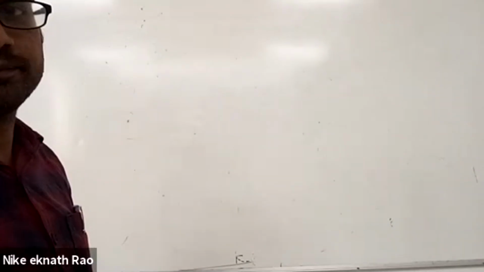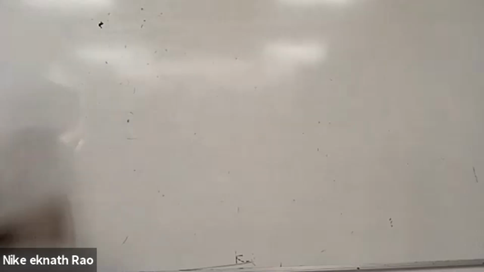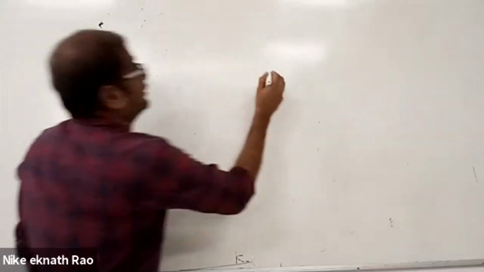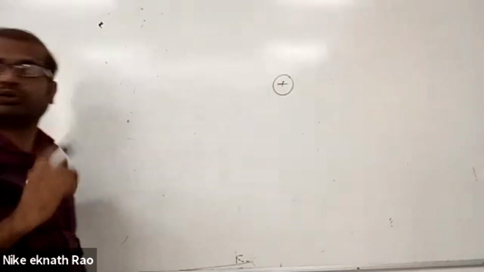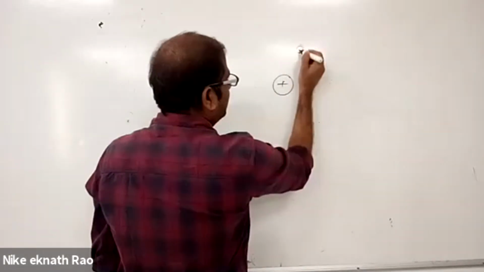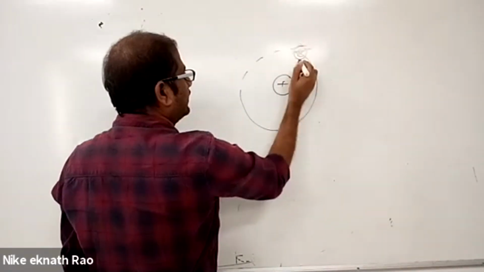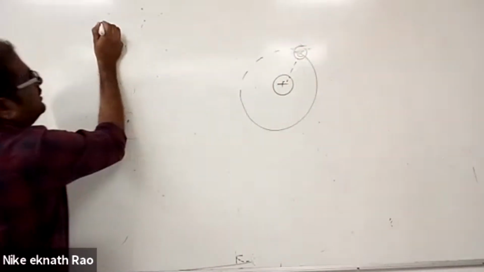So next we see about what? Now, this is the nucleus. Now we focus only on hydrogen system, hydrogen-like atoms. The electron is revolving around this. So what is the force responsible here? This point is important.